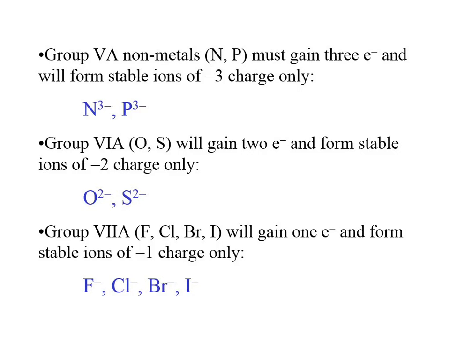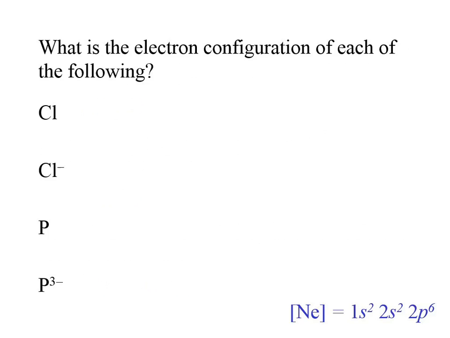So a lot of times students will put a -1 over in that column. Tomorrow we're going to be dealing with that. For these monoatomic ions with just 1 atom, what sort of charge are they going to form? Find them on the periodic table for the group A elements.